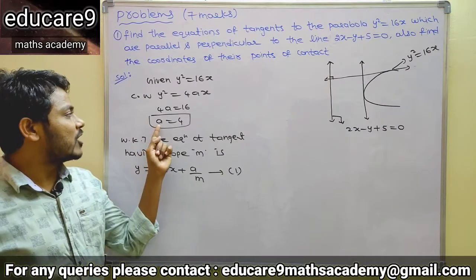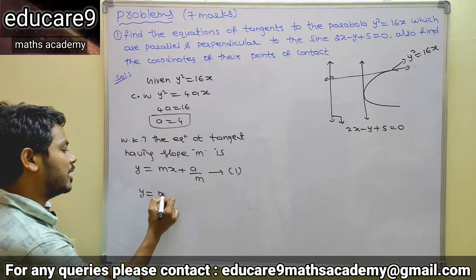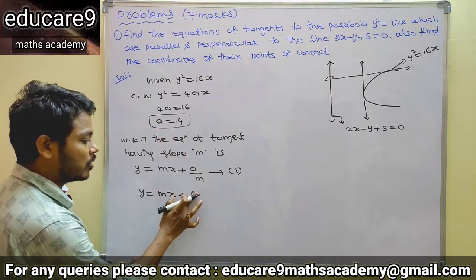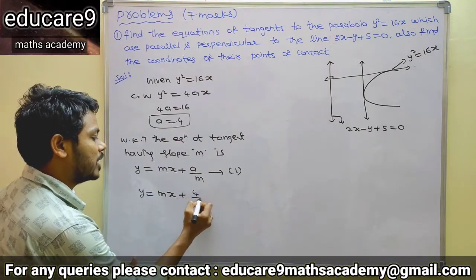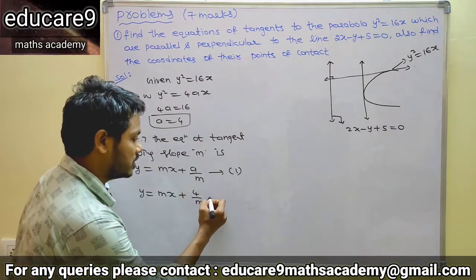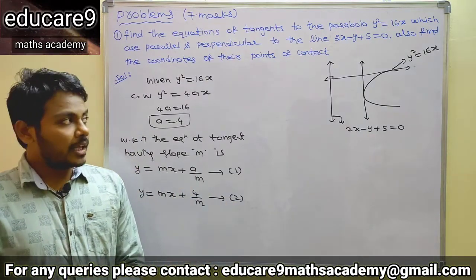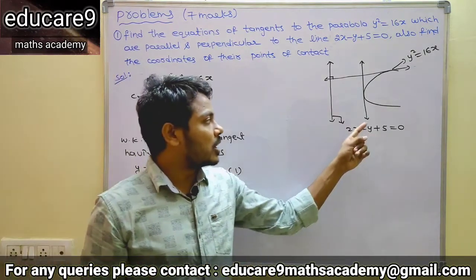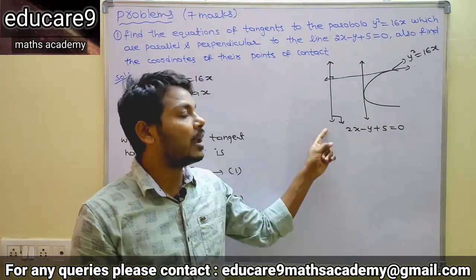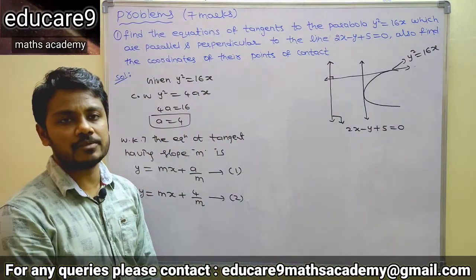Now you know the value of a is 4. Substitute here. So y is equal to mx plus 4 by m. This is equation 2. Now we are given that the required tangents are parallel and perpendicular to the line 2x minus y plus 5 equals 0.